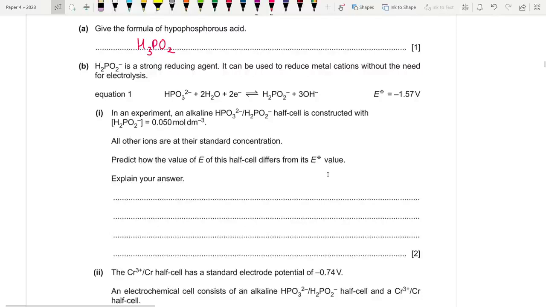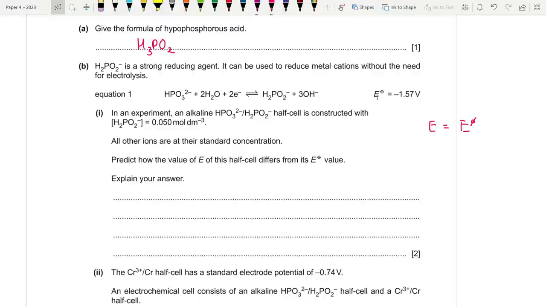Okay, so you know that according to the Nernst equation, the new E value is equal to the standard E value plus. So if you look at the Nernst equation, it actually varies in our particular syllabus. They use a different form.